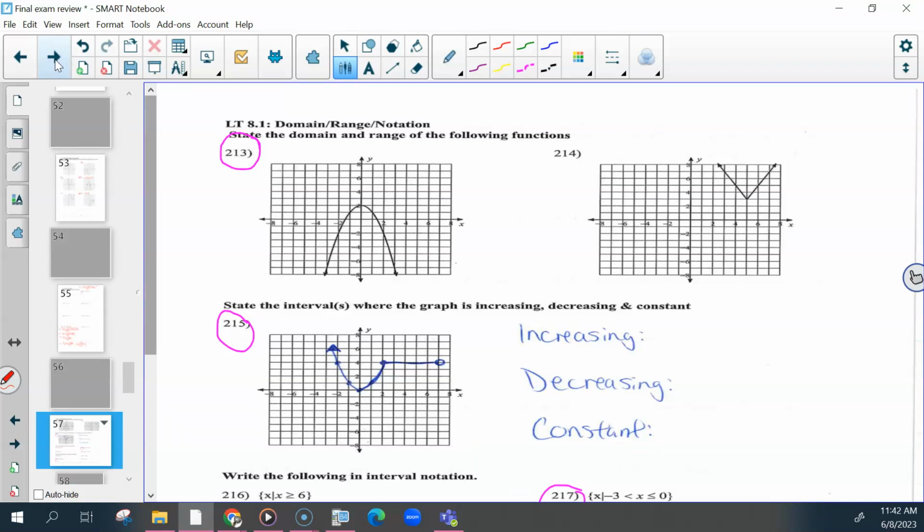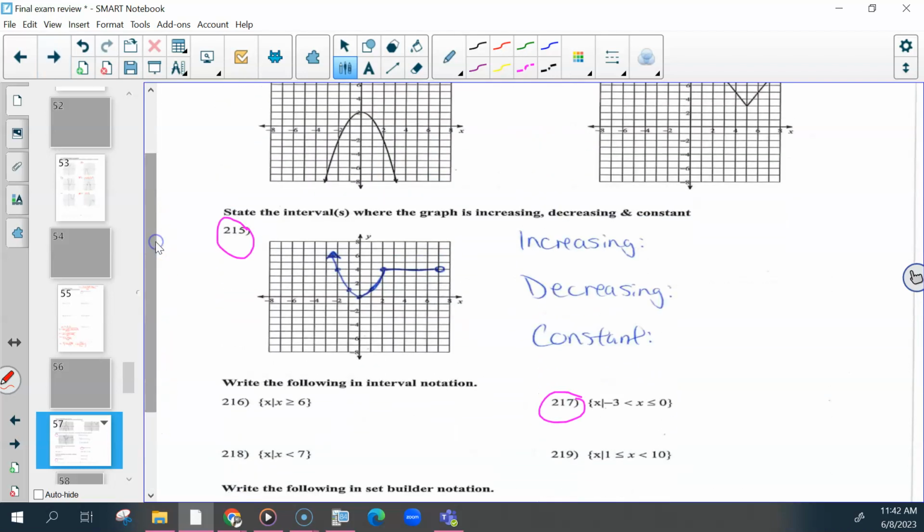Now we're in Unit 8. So this should seem more recent. We did this not too long ago. Which of these do we have questions on?